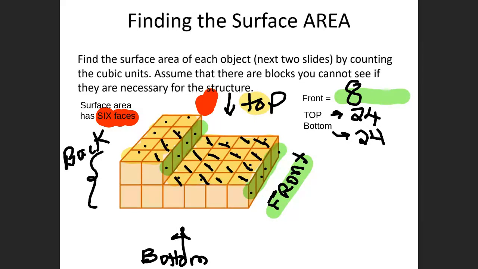These are my top boxes. I'm looking down at something. When I look down, all I see are yellow boxes.